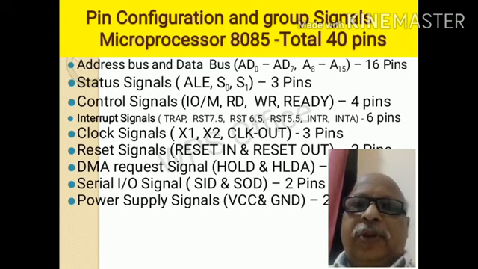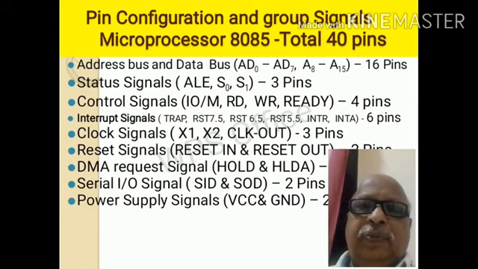Then there are 3 pins for clock signals, that is X1, X2 and CLK out. For the reset signal, 2 pins are there, reset in and reset out. Again there is a facility of direct memory access, that is the DMA request signals, 2 pins for that, HOLD and HLDA.